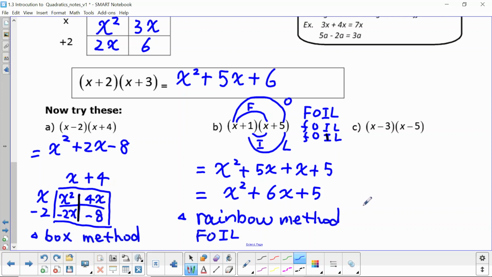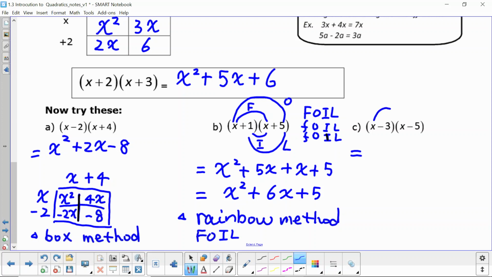So now try the last one. Then after you finish it, check whether your final answer is correct or not. So for question C, I'm going to use FOIL because we don't need to draw the box. It will take up less space.